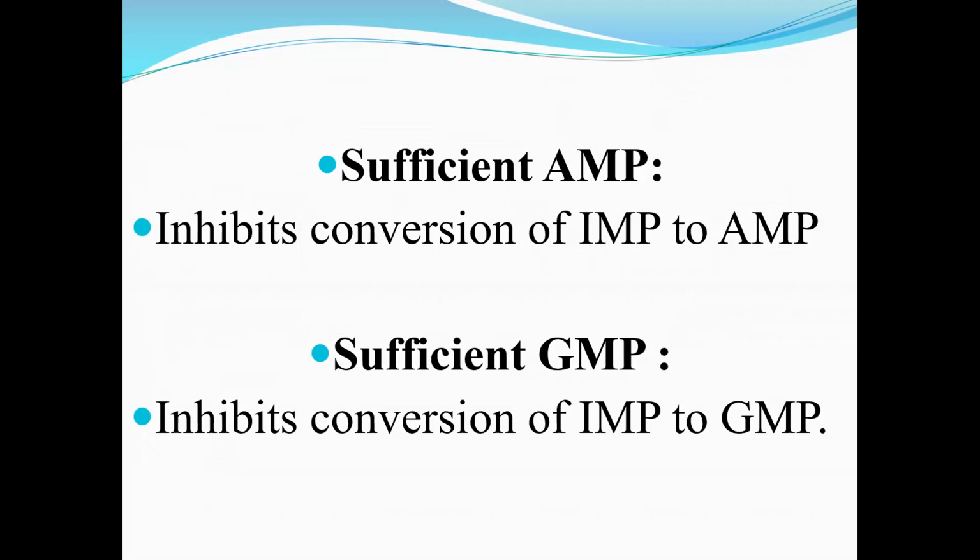If a sufficient amount of AMP is present inside the cell, it will inhibit the second step, that is the conversion of IMP to AMP. And if a sufficient amount of GMP is present, it will inhibit the conversion of IMP to GMP.